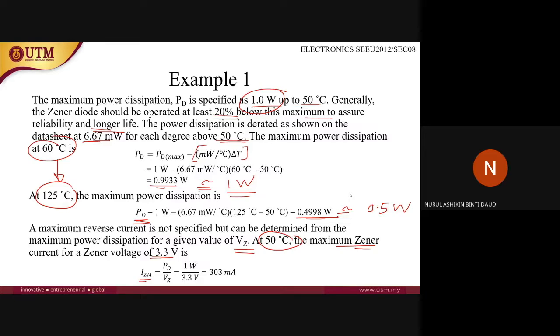If you see, the Zener diode functions at a constant voltage, and the change of voltage for the Zener diode is very small. With a very small change of voltage, it will produce a lot of current, right? So that's why Zener diodes can be included inside the voltage regulator.